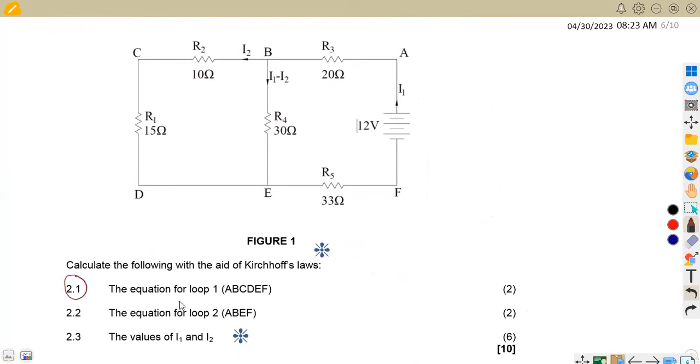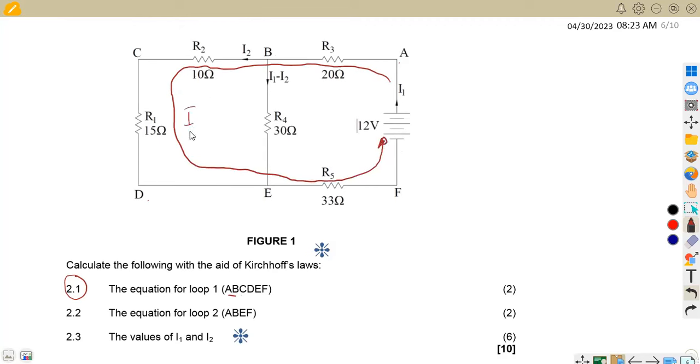2.1. The equation for loop 1, which is A, B, C, D, E, F. So we've got A, B, C, D, E, F, which means we are referring to this whole part of the circuit, this whole part right around the circuit, this complete loop.